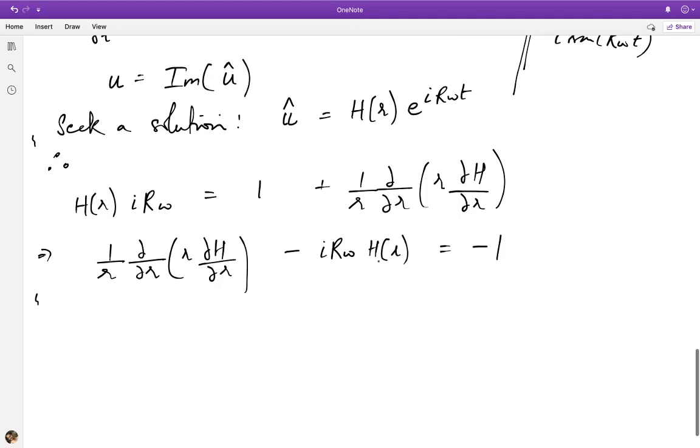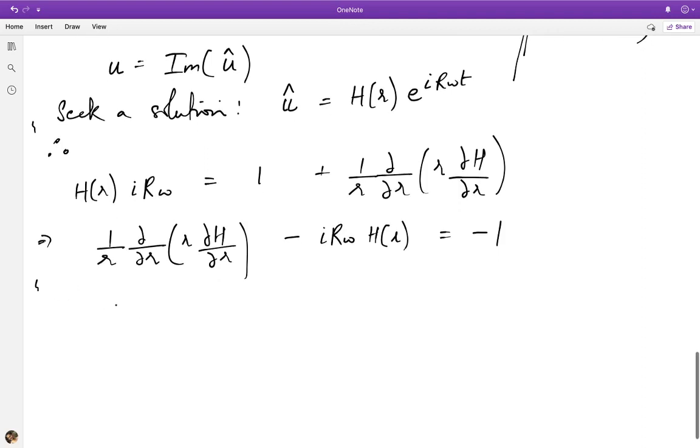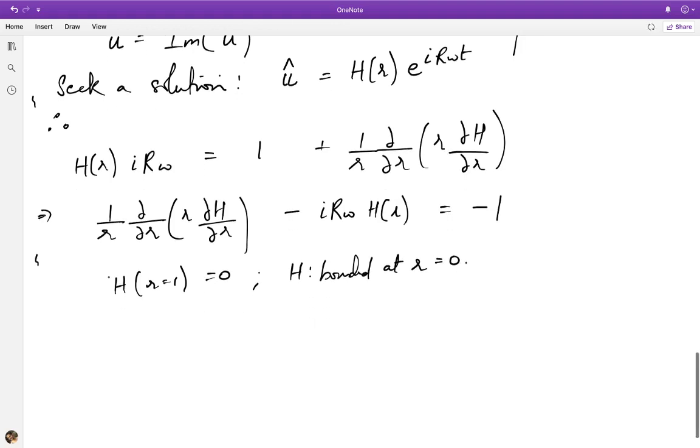Okay, so this is my equation, and now of course I need to write boundary conditions. So I know that h at r equal to 1 is equal to 0, whereas h must be bounded at r going to 0. Okay, so this is my equation for h.